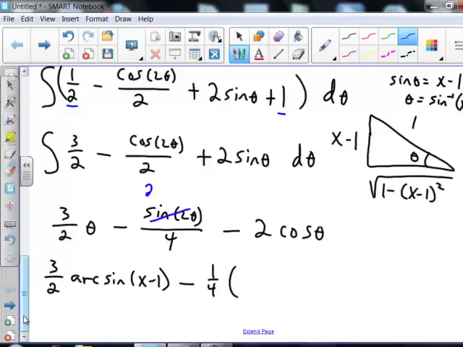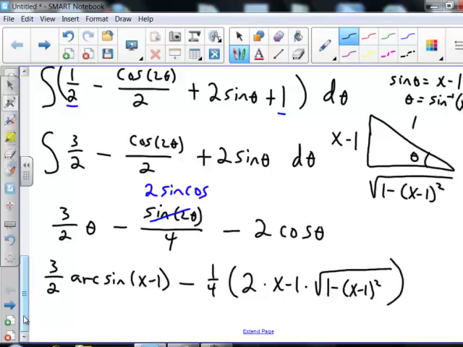Use a trig identity. That's 2 sine cosine. So I can use my picture over there. So this is going to be 2 times the sine of theta, which was x minus 1, times the cosine of theta, which we found to be the square root of 1 minus x minus 1 squared.